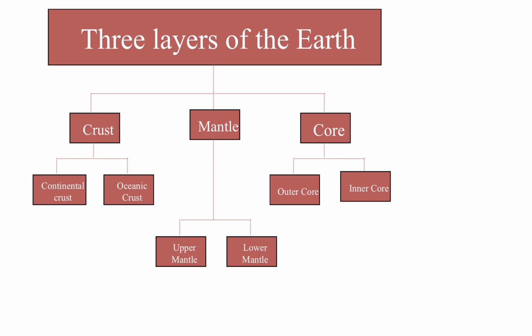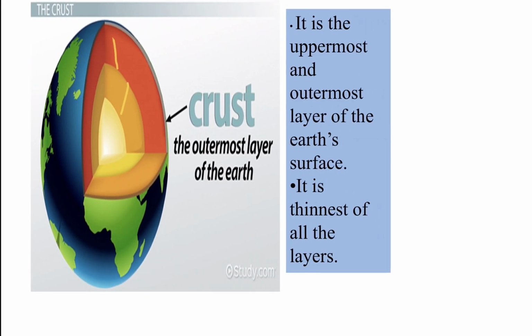Crust is divided into continental crust and oceanic crust, mantle is divided into upper mantle and lower mantle, core is divided into outer core and inner core. And you will notice the differences between all these also, like continental crust is different from oceanic crust, upper mantle is different from lower mantle, outer core is different from inner core. Let's study and find out all those differences as well.